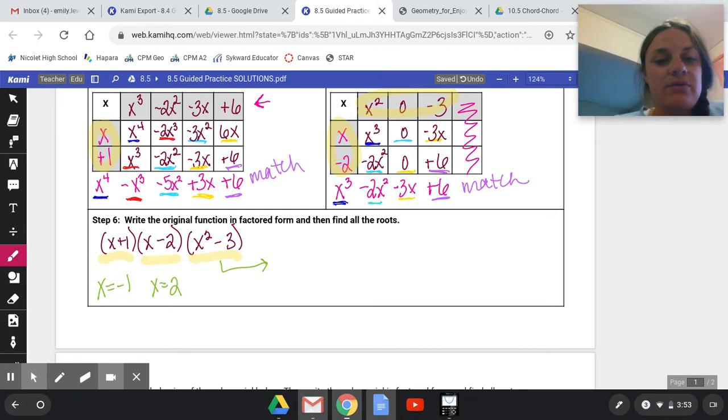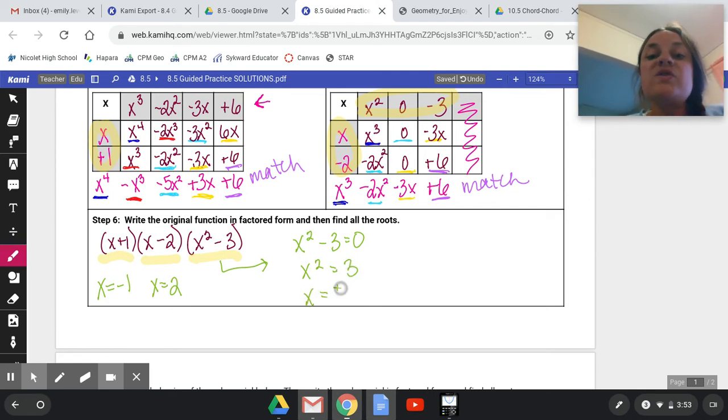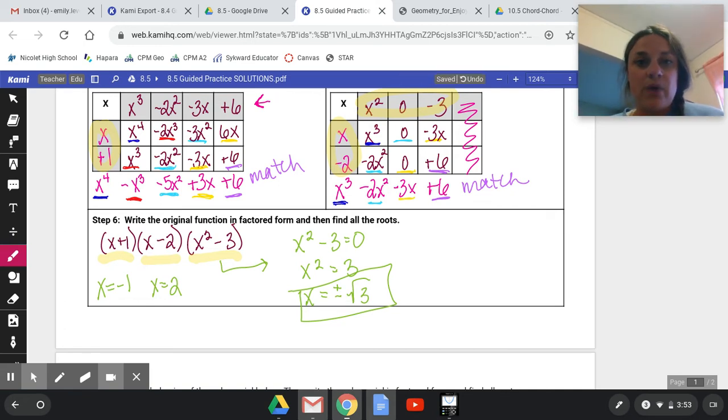Well, I would say x squared minus 3 equals 0, which tells me that x squared equals 3, which means that x is equal to plus or minus the square root of 3. Okay, so there are actually 4 roots right here.